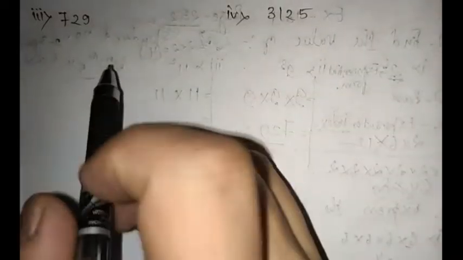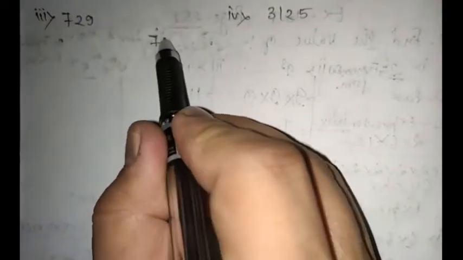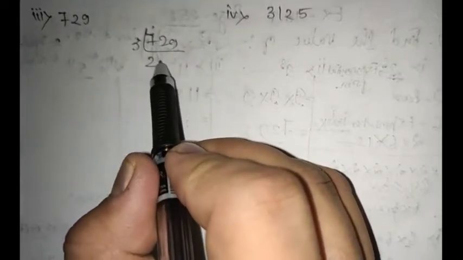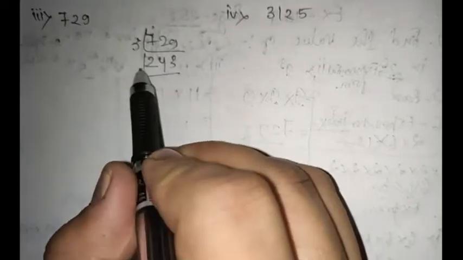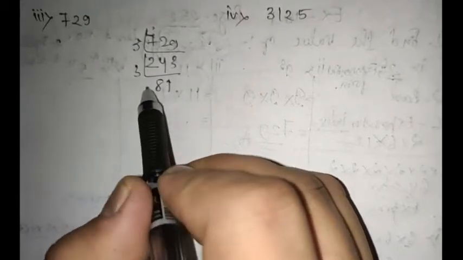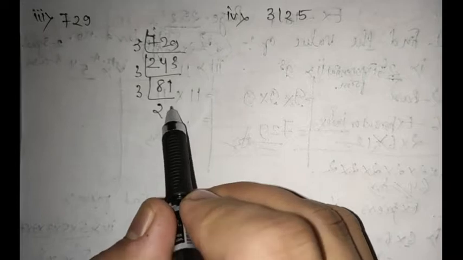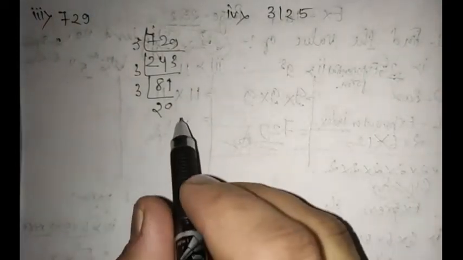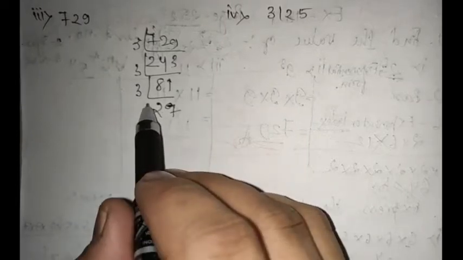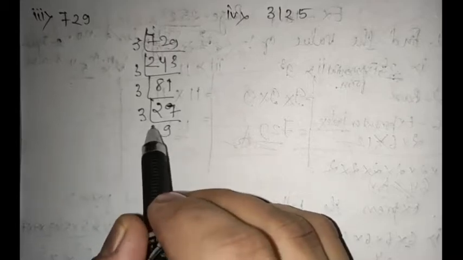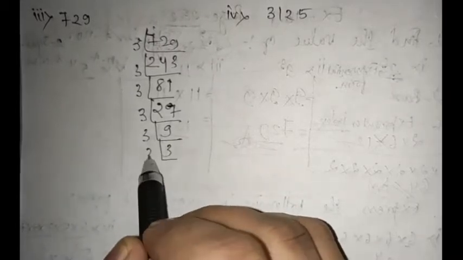Proceeding forward to part 3, 729. Similarly we will take the LCM of 729 here, starting with 3. 3 9s are 27, 3 3s are 9, 3 1s are 3.